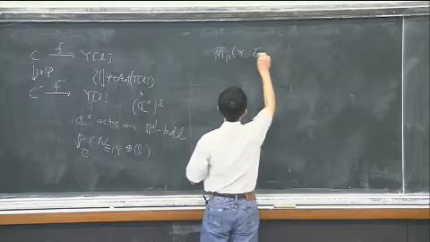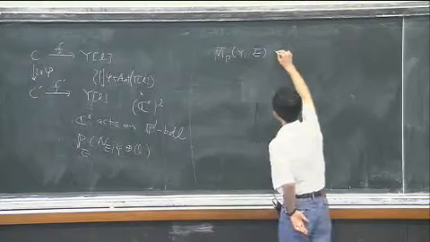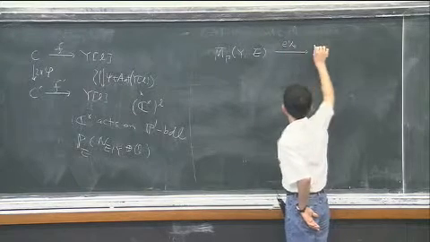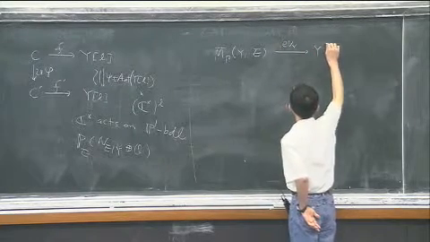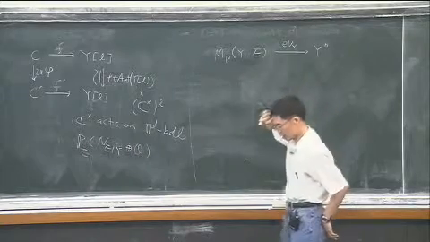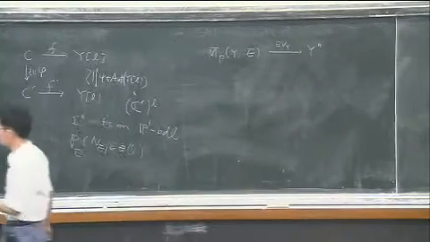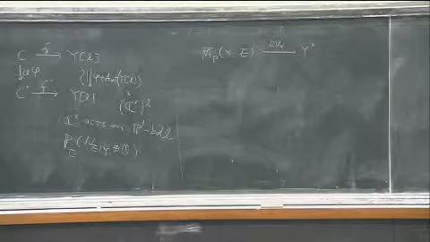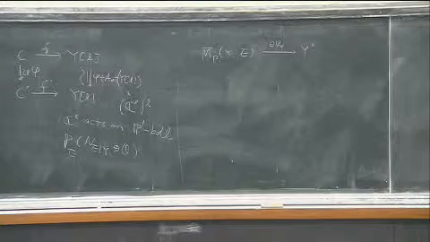So E has two evaluation morphisms. There is an evaluation morphism to Y, just as usual.